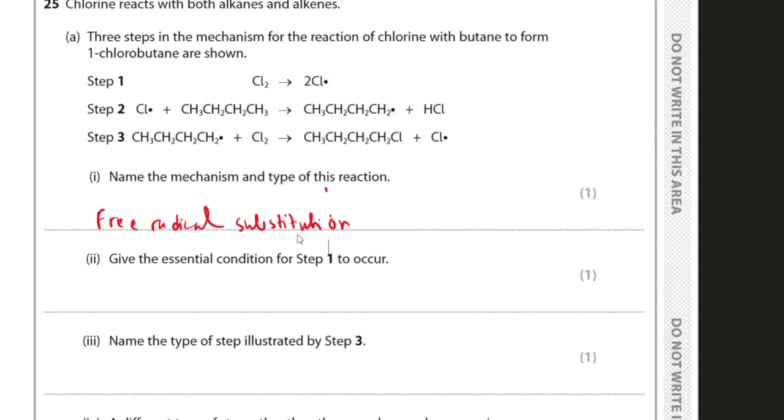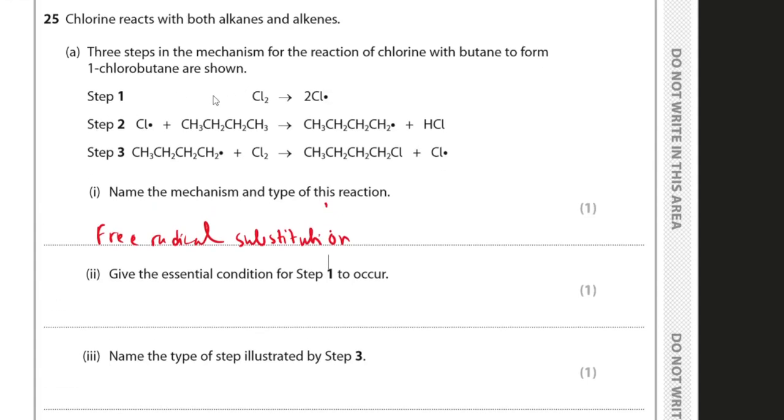Give the essential condition for step 1 to occur. Now for step 1 to occur, which is basically fission, you require the presence of UV radiation, otherwise you won't be getting the necessary energy. So we can say ultraviolet radiation is an essential condition for step 1 to occur.